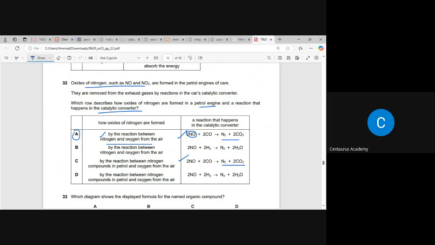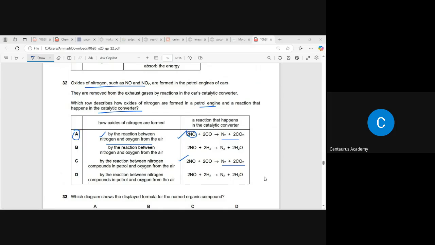There is one more natural way of formation of nitrogen oxides. What is that? Can someone tell me how nitrogen monoxide and nitrogen dioxide can be formed naturally? By the process of lightning. Okay, nitrogen has a triple covalent bond, and triple covalent bonds are very strong bonds.